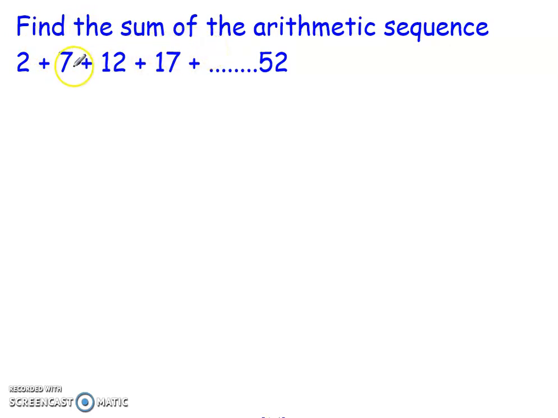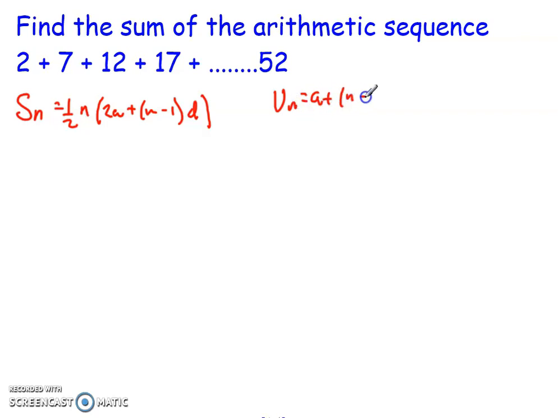Now for this, again, we want Sn equals a half times n brackets 2a plus the n minus 1 times d. Now again, we use the un equals a plus n minus 1 times d in order to be able to calculate the a and the d that we need for this formula.